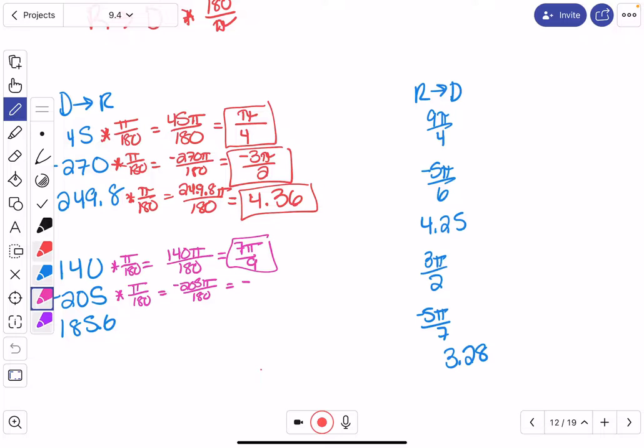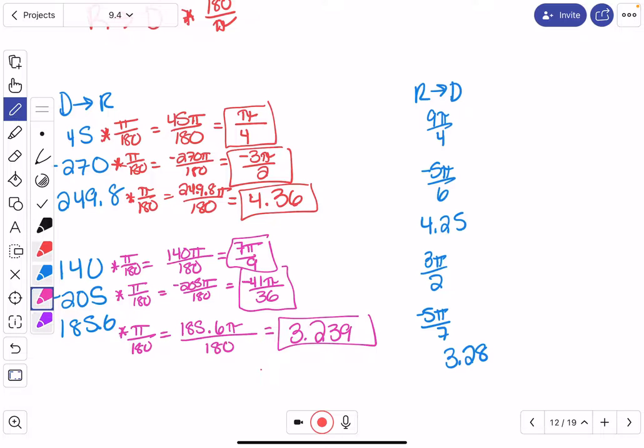And these are both divisible by 5. It's kind of a messy looking one. It's not as simple, but you can get an exact answer. Here we have a decimal, so we know we're going to get the decimal as our answer. So in our calculator, we would type 185.6 pi divided by 180, and we would get 3.239 radians.